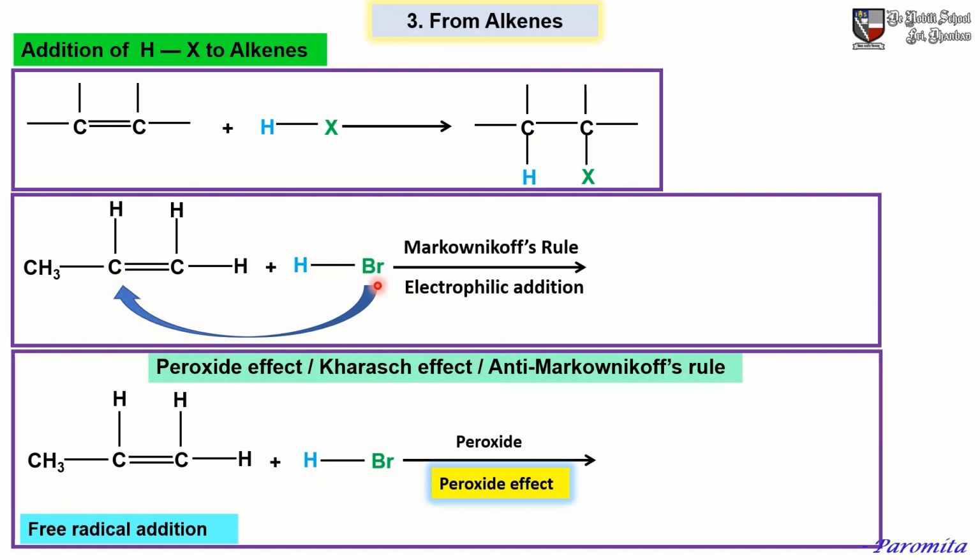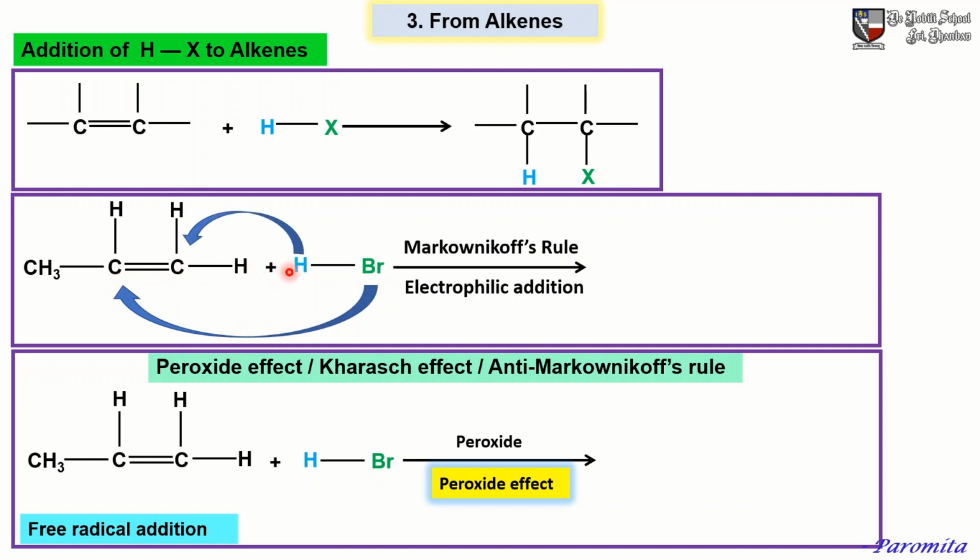Why? Br is Br minus. It is the negative part of the addendum. So the negative part of the addendum will go to that carbon which contains less number of hydrogen atoms. See, this carbon contains one hydrogen and this carbon contains two hydrogens. So the negative part will go to this carbon.